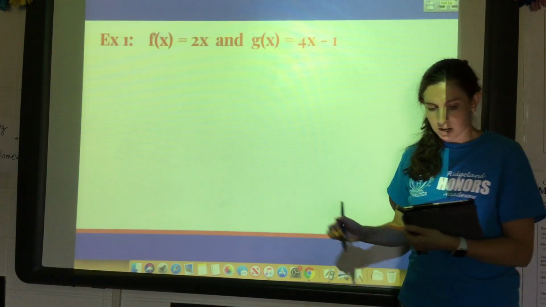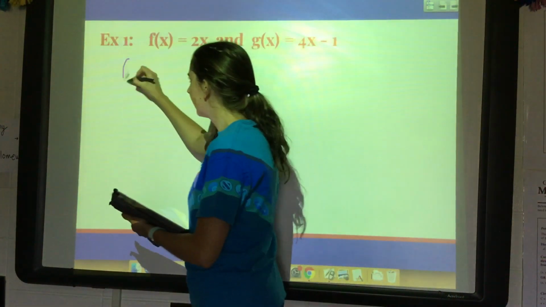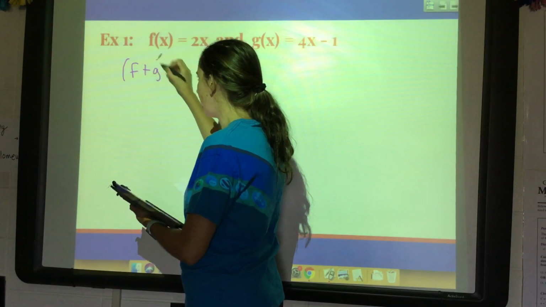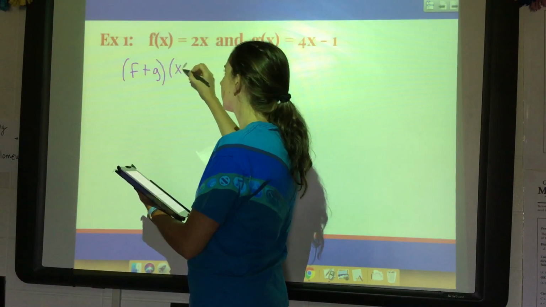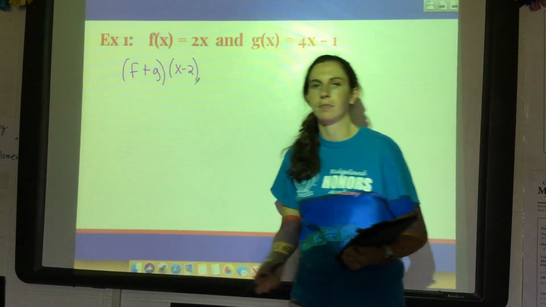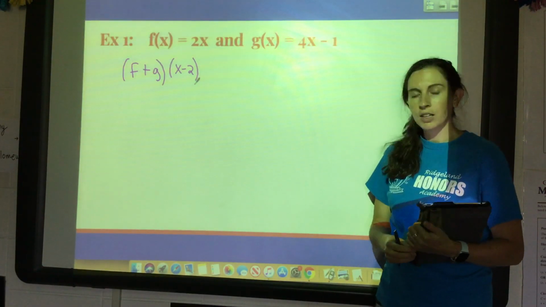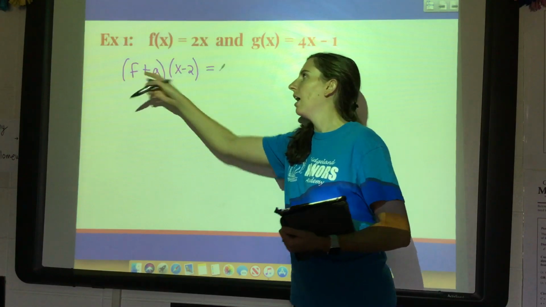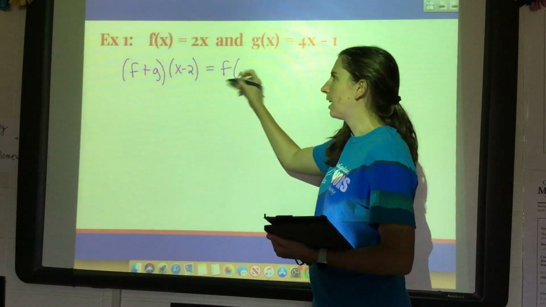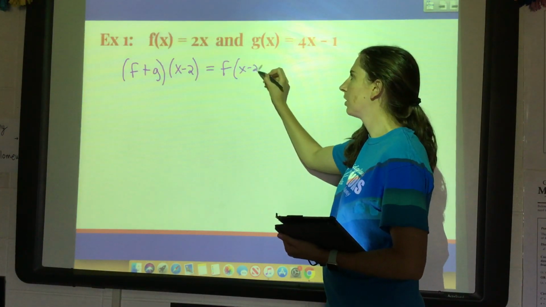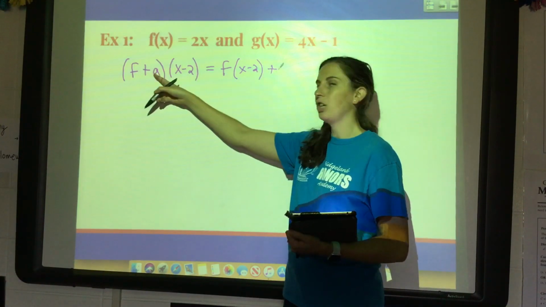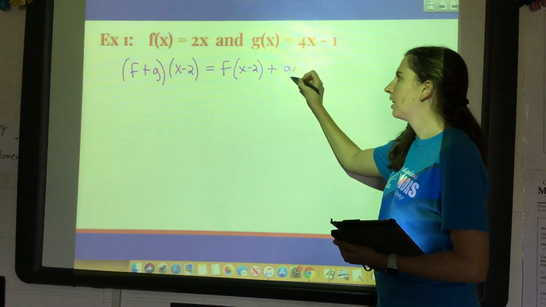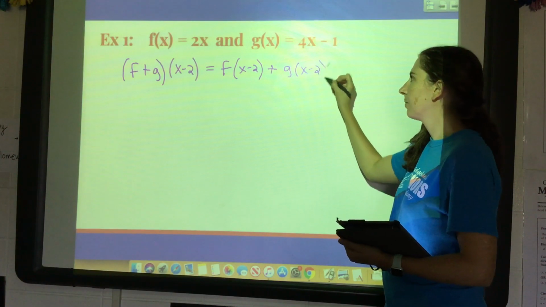Okay, so what if I had f plus g of x minus 2? Again, you can do this either way, but basically what it means is I'm going to take the f function with an input of x minus 2 and add it to the g function with an input of x minus 2.